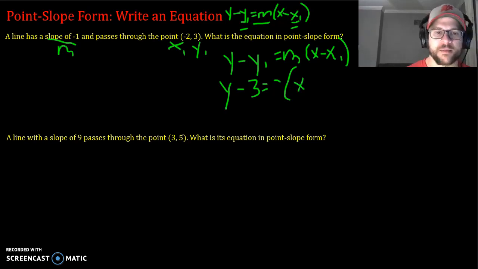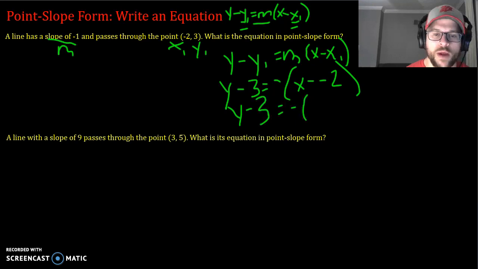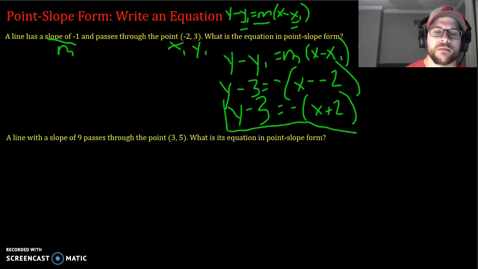X stays the same, and then we have a -2, and double negatives become positive, which x plus 2 is the opposite of our -2 right here. So just make sure whenever you're writing your final answer of point-slope form that you don't leave it as a double negative, that you convert all of these into positives if necessary.